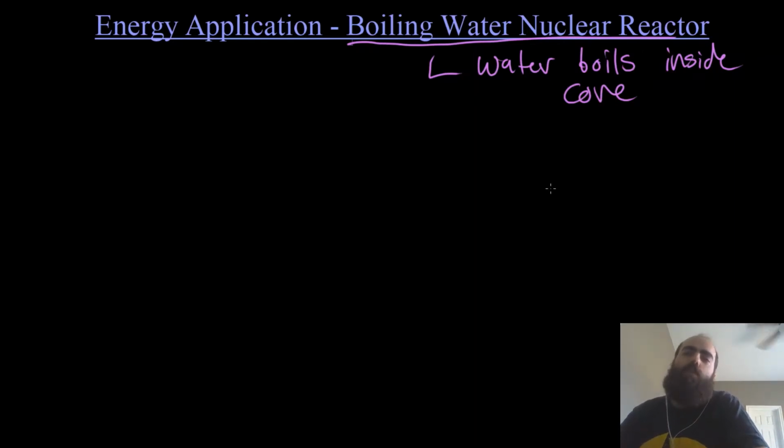So you have a lot more going on with the other kind of reactors that we use. So today I want to talk to you guys about boiling water reactors, the thermodynamics and the cycle involved with producing electricity from a boiling water reactor.